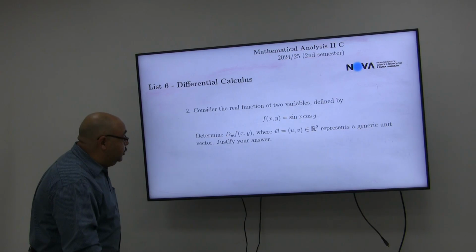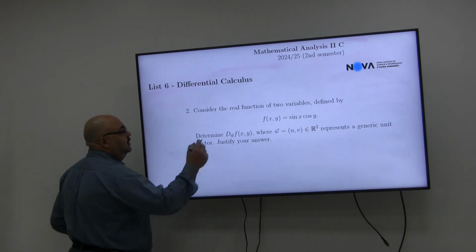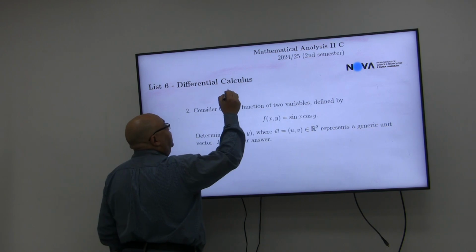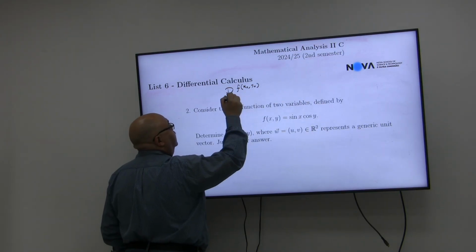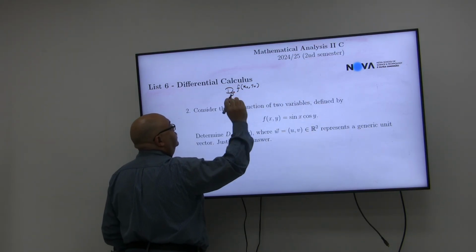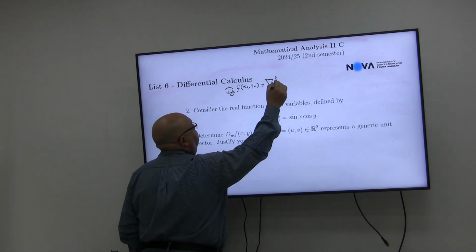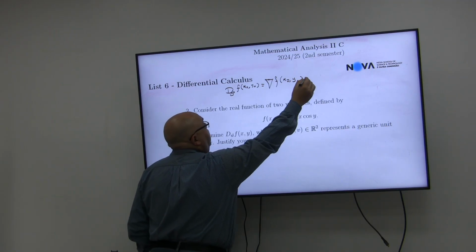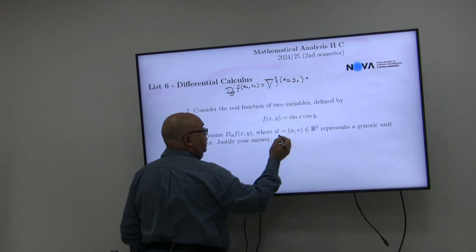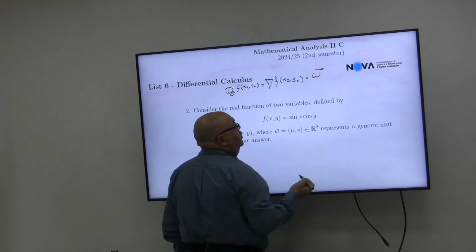Now continue. If I want to evaluate this, yes, Ms. Seda, you are right. The directional derivative of f at a certain point (x0, y0) in the direction of a vector is very, very simple. All I have to do is get the gradient vector of f at the indicated point, then multiply it as a dot product with the vector w, which is already in normal form.